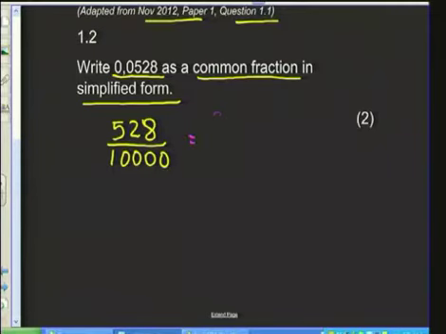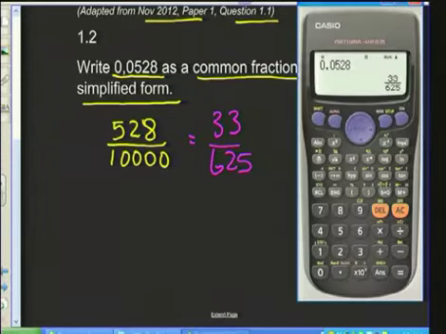It is 33 over 625, and in actual fact, if I had done it the other way that I started with, that 528 as a fraction over 10,000, I will end up with the same answer. So either way, you're going to get your answer. But your calculator, and this is why it's so important that you know how to use your calculator, because a lot of these simple first questions, especially question 1 of paper 1, calculator is crucial. It'll help you out a lot. Now that we've answered that question, let's move on to the next.